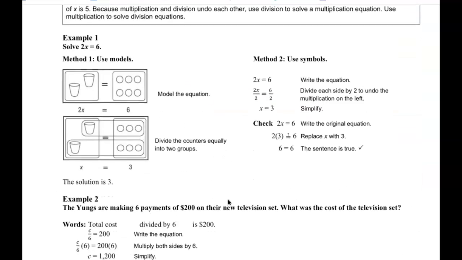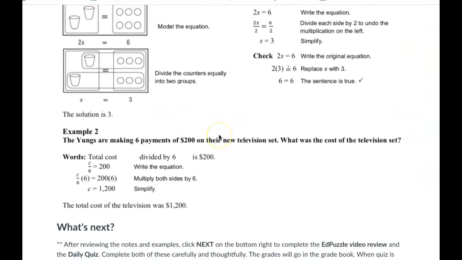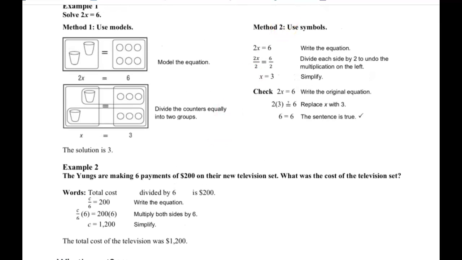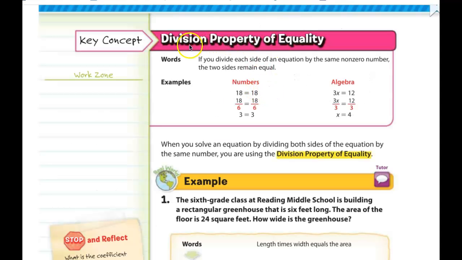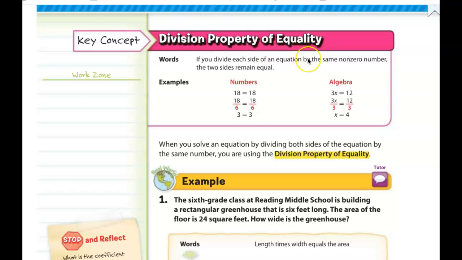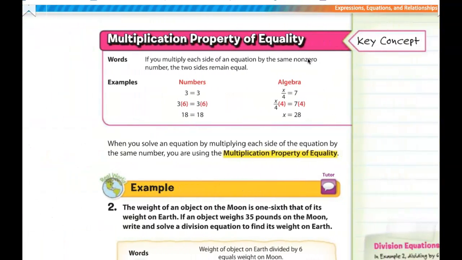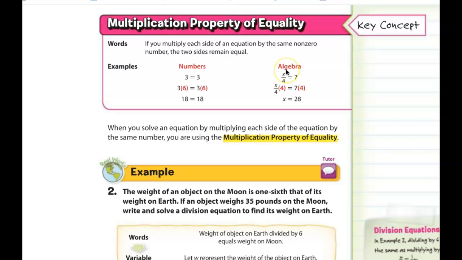We have looked at various examples of how to solve division and multiplication problems. We reviewed what the division property of equality means, what the multiplication property of equality means. So think of all of those things. What would be the most important thing to remember about today's lesson? Answer that thoughtfully, please.